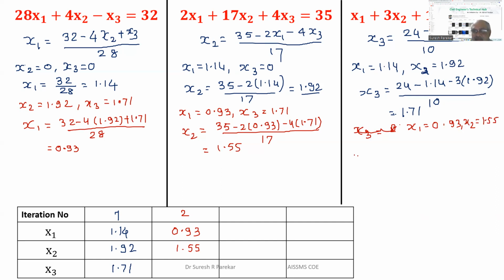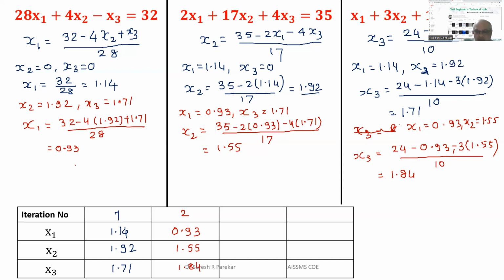From this I will get x3 equal to (24 minus 0.93 minus 3 times 1.55) divided by 10. And from this I get the value of x3 equal to 1.84.